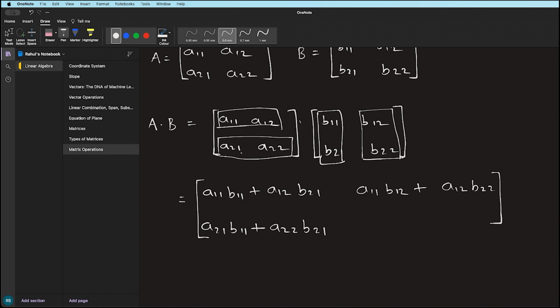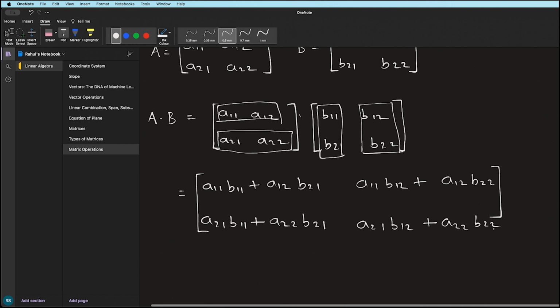Similarly, I will consider the second row of matrix A and second column of matrix B. So I will multiply the elements in the second row with the elements in the second column, and then I will do the sum of those. So this will be A21 B12 plus A22 B22.